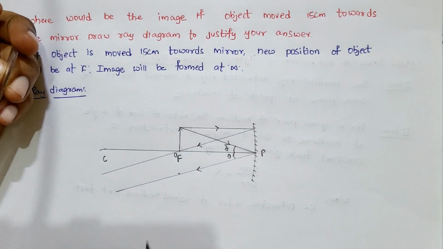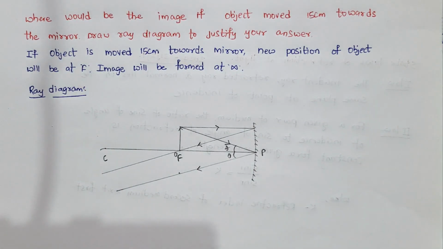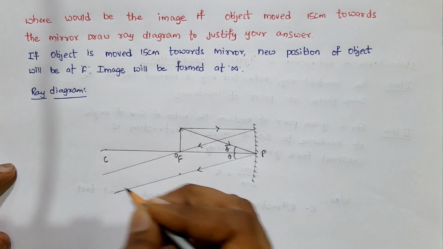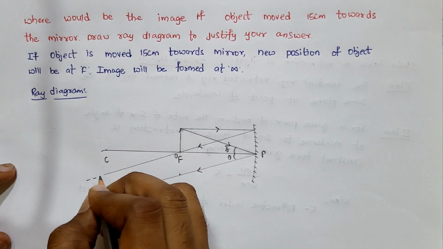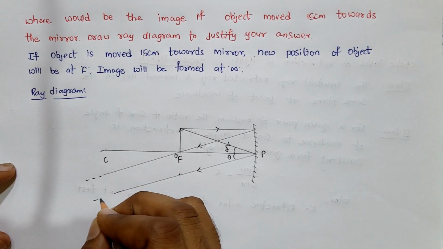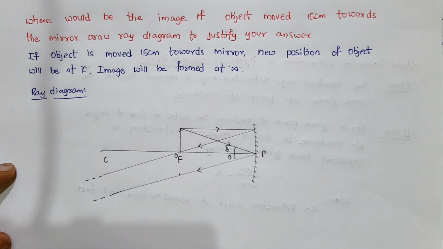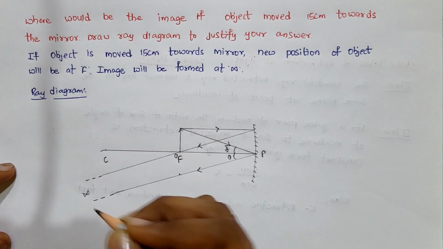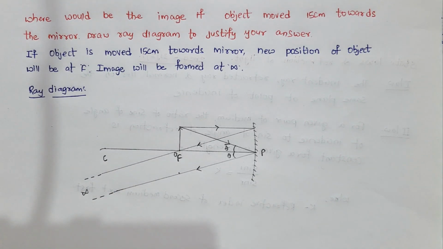So these two are the reflected light rays which we want. Now if you observe these two reflected light rays, they are moving parallel to each other. When the reflected light rays are moving parallel to each other, we say that they are going to meet at infinity. So the image is formed at infinity. This is how we justify the answer.